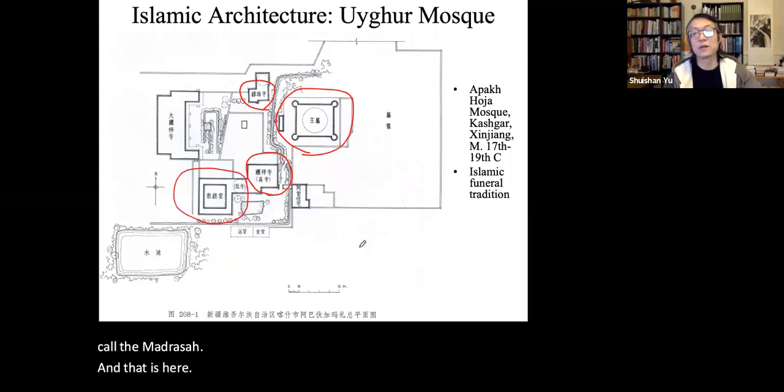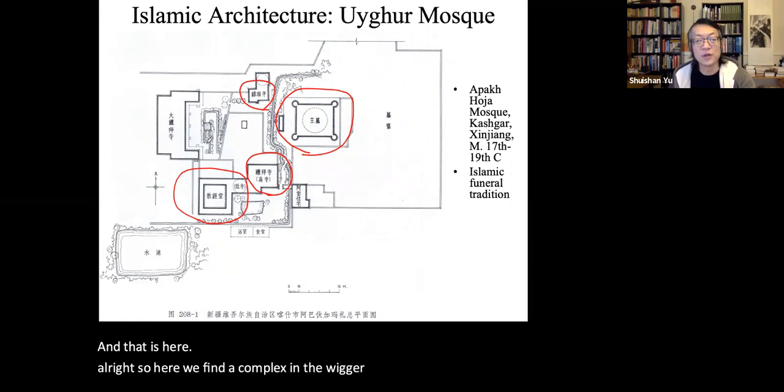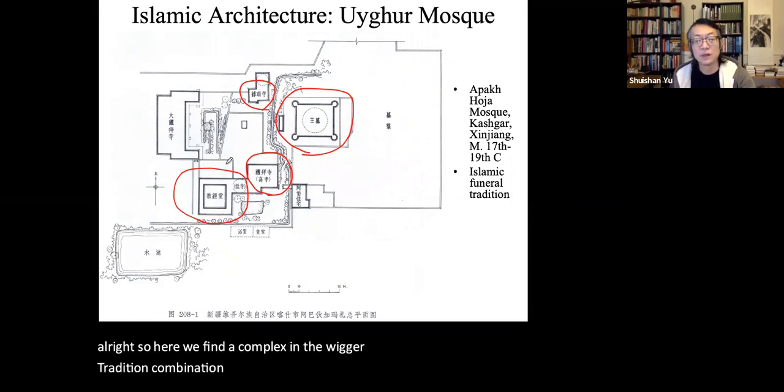So here we find a complex in the Uyghur tradition, a combination of mosque, madrasa, and a tomb, funeral function, educational function, and worshiping function.